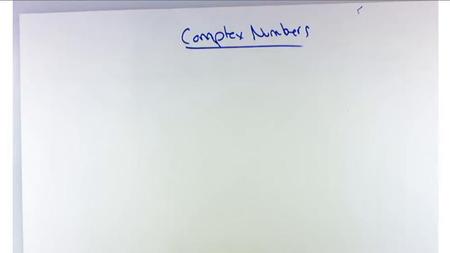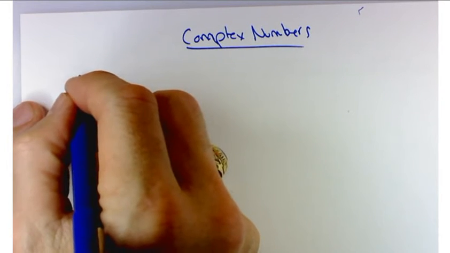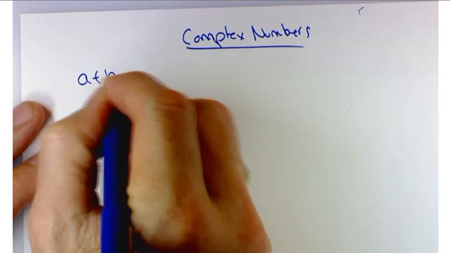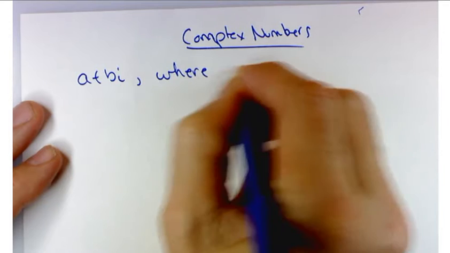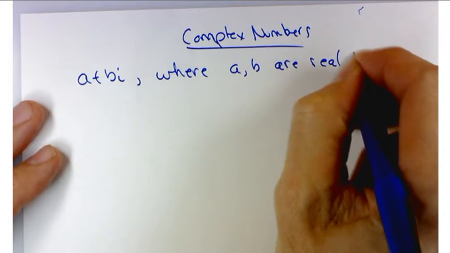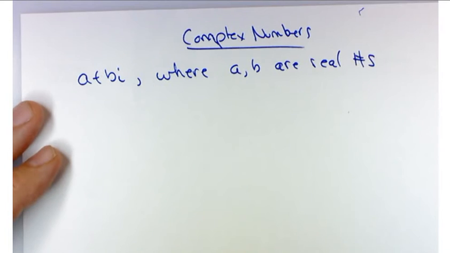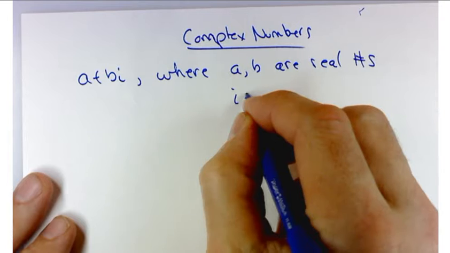They're going to have a real part and an imaginary part. So complex numbers look like a plus b times i, where a and b are real numbers. Now, these are the numbers that you're familiar with, and i is the square root of negative 1.